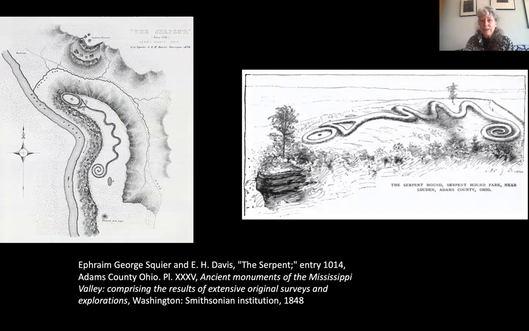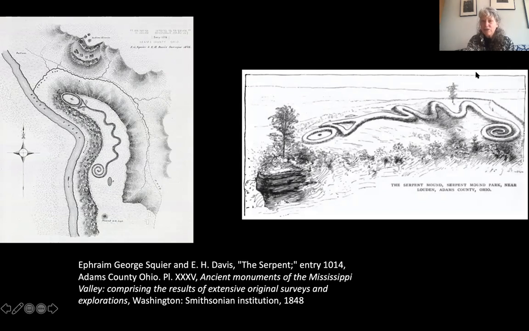So it seems plausible to me that this might be an egg, but also the head is oriented so that it faces the summer solstice sunset. That would be in the west, to the northwest. So in my house, it would be over there.